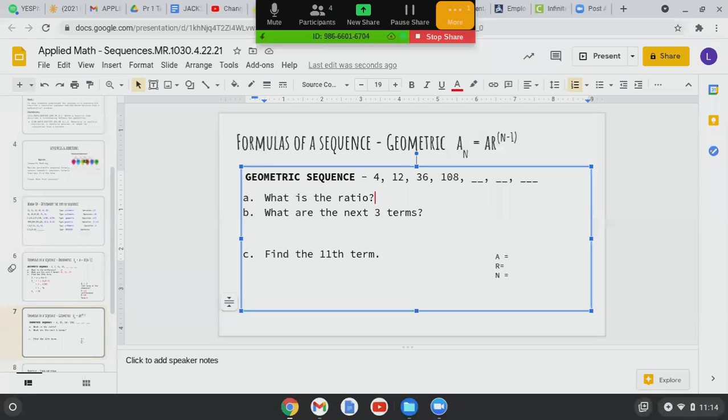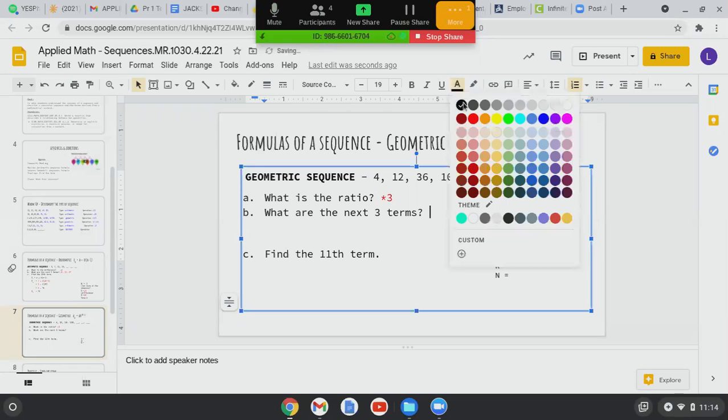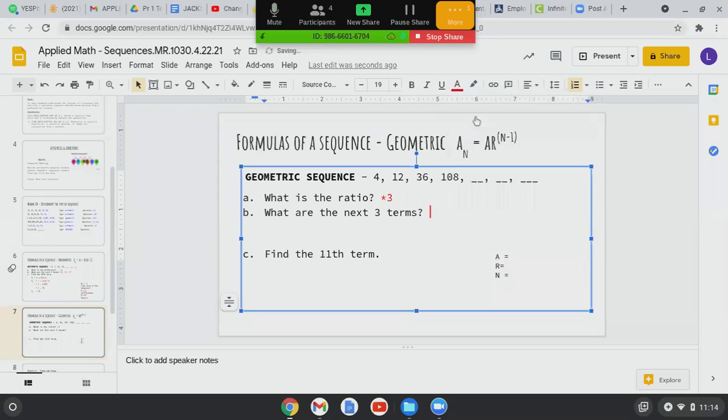Times 3. Yep. Okay. So now that we know it's times 3, tell me the next 3 terms. 324. I heard you, but my fingers couldn't get there.